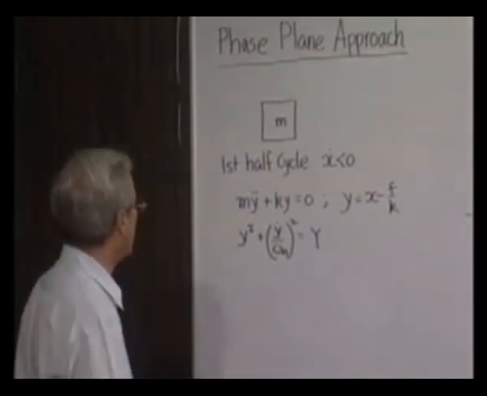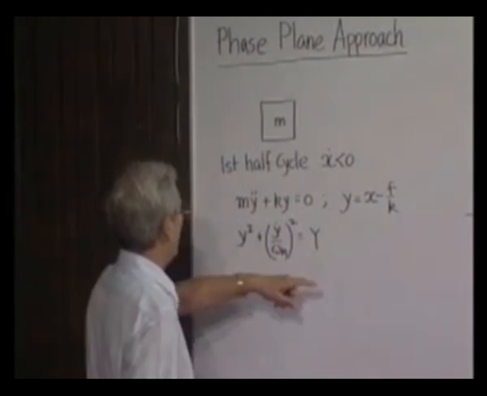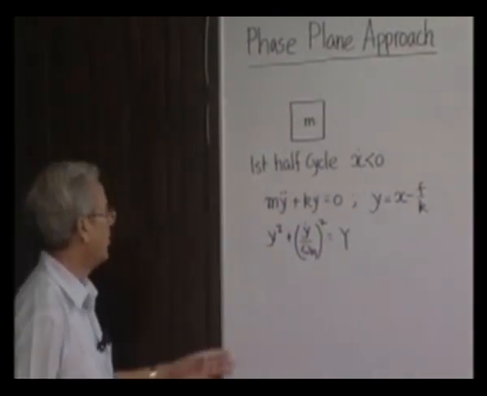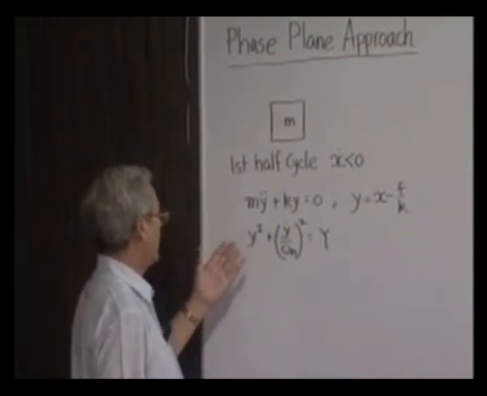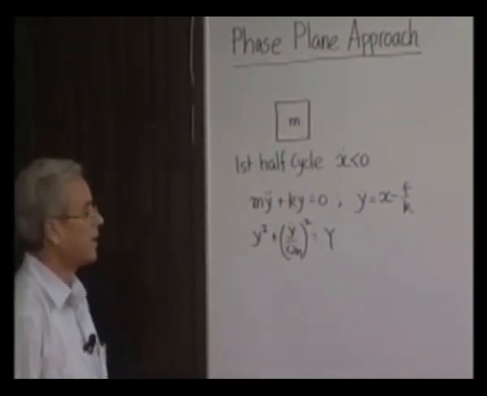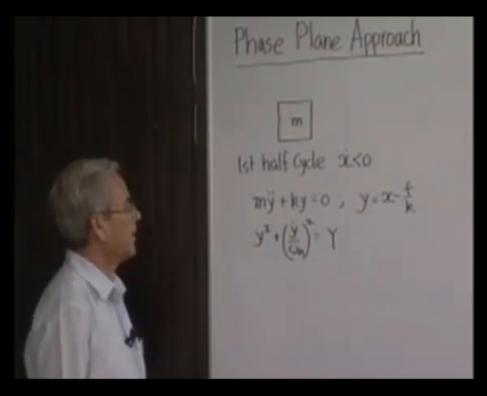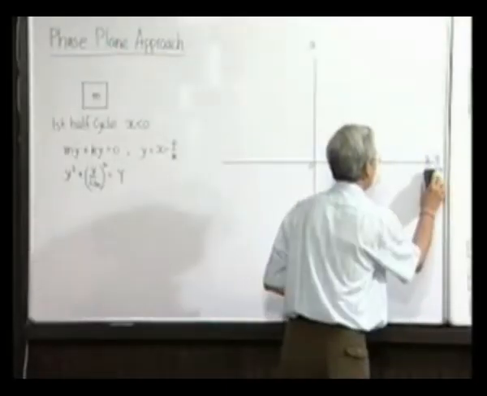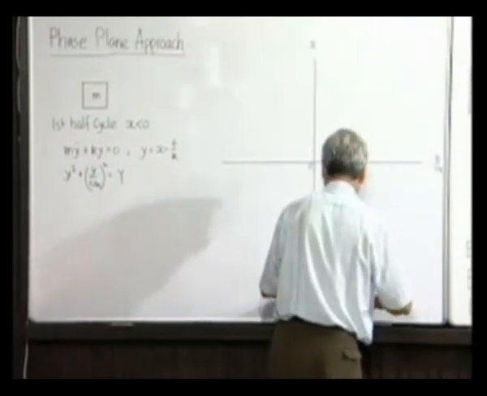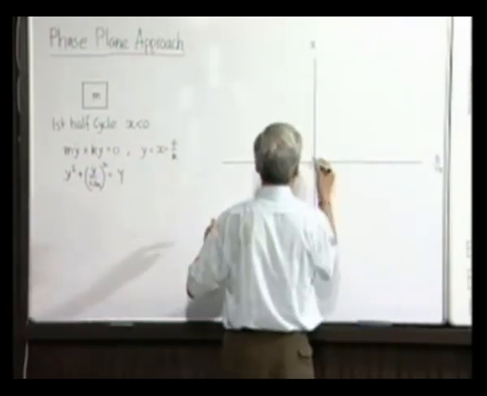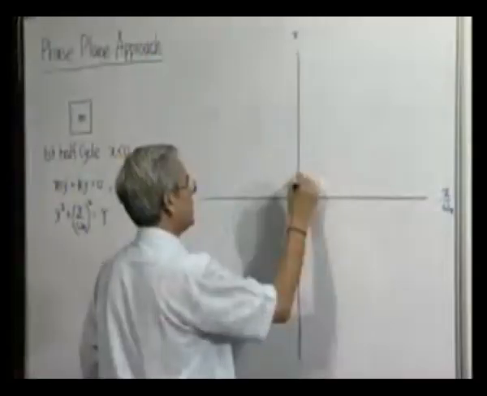We have seen that this equation's solution always leads to a circle in the phase plane where the axes are, one the displacement, the other the velocity divided by omega n. That we should remember. So the only thing we can do now, since y is x minus f by k, is to shift the origin here.